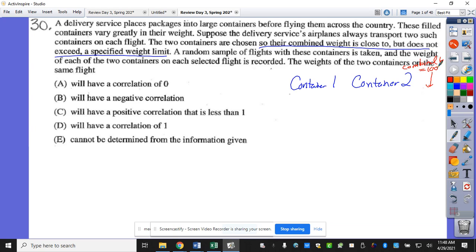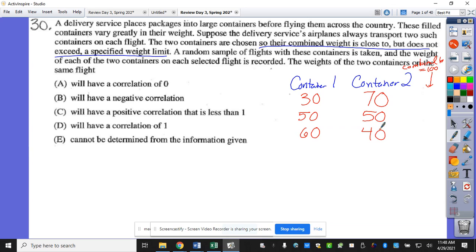Alright, so I'm just going to write down some numbers for what container 1 could be. Container 1 could be 30, 50, 60. If container 1 is 30, how big can container 2 be? Container 1 is 50, how big can container 2 be? And then my last one?